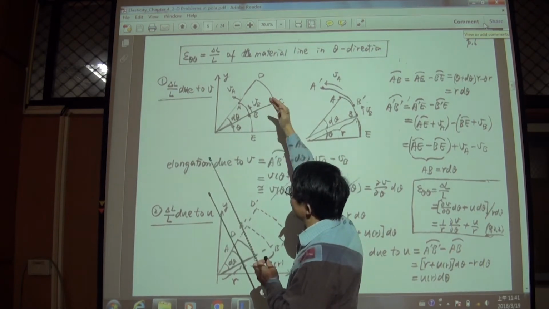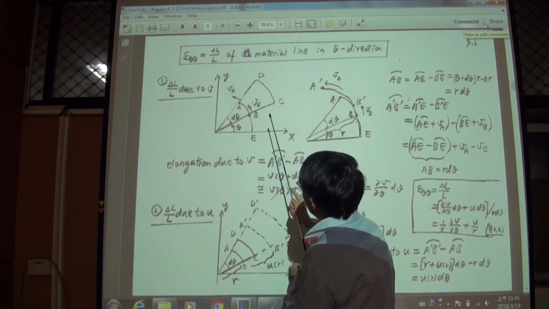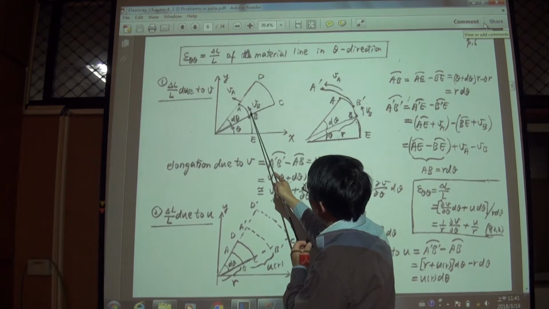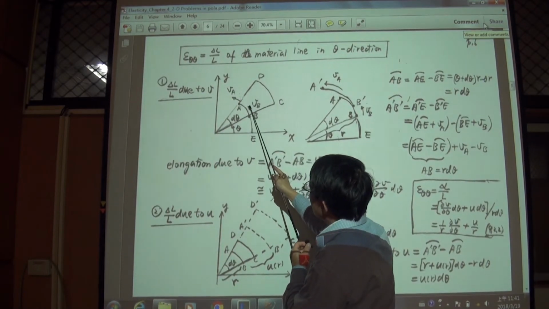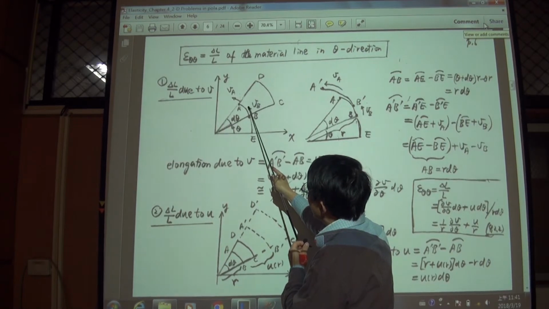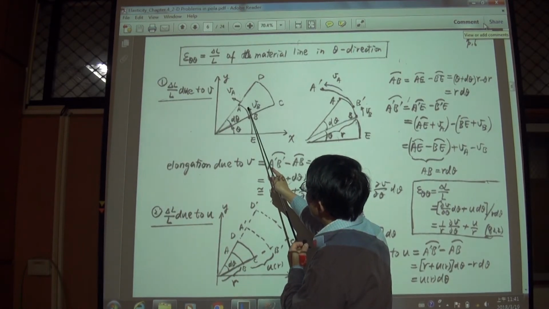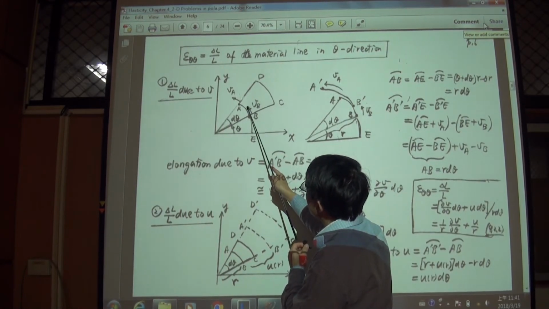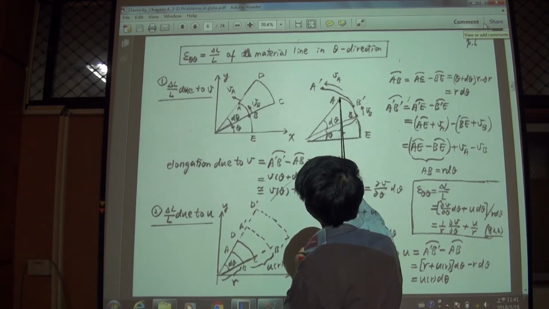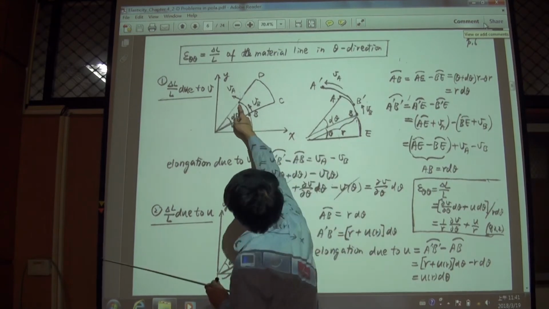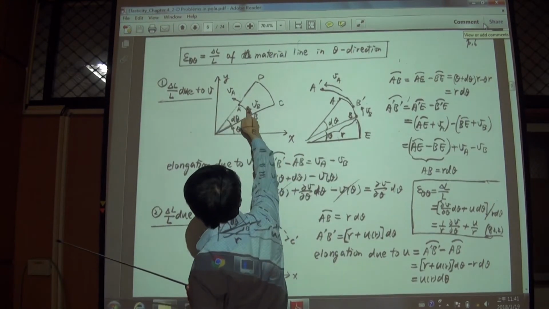B is carried over to the point B prime, and A becomes A prime.